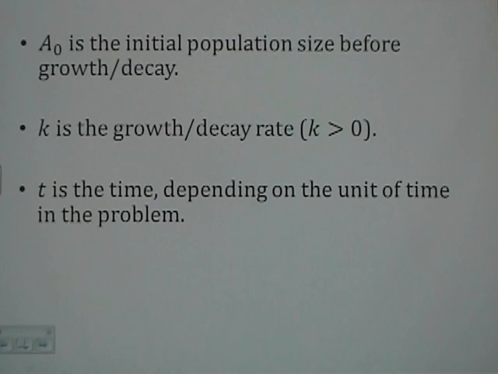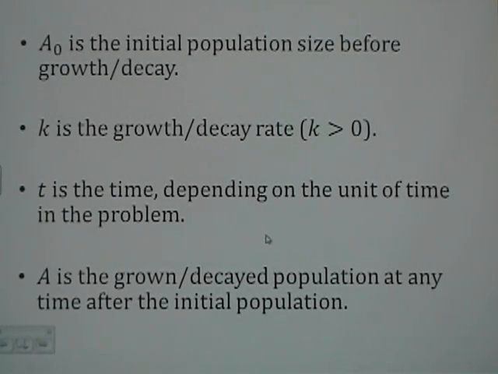So once again, t is time. And A here is different from a sub 0. A sub 0 is the initial population, the starting point. A here is the general A, the grown or decayed population at any time after the initial population.